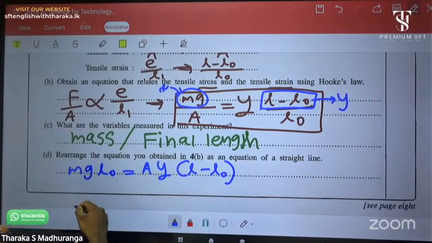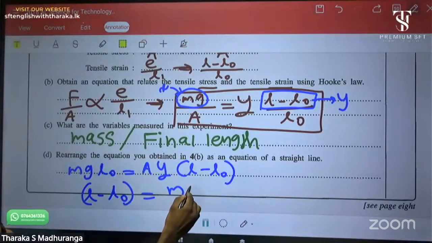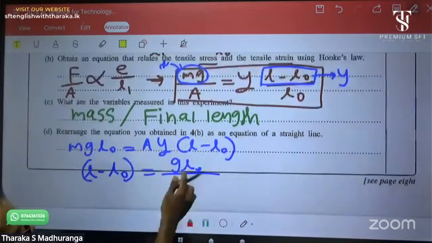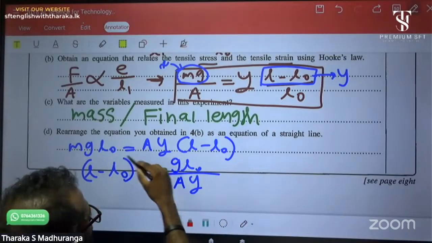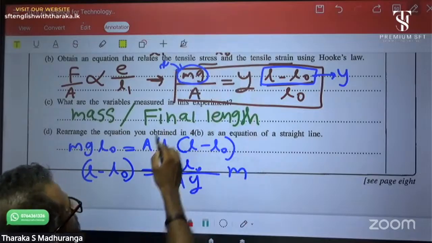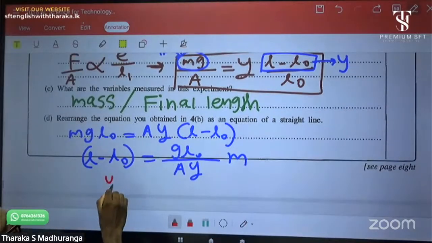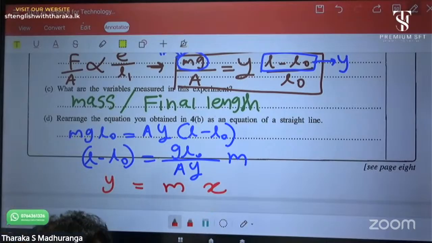Dividing, L minus L naught equals mg L naught divided by A Y. This m gets as x. Then you can see the equation is of y equals mx type, no intercept, no c.